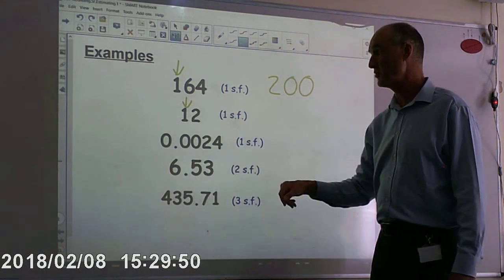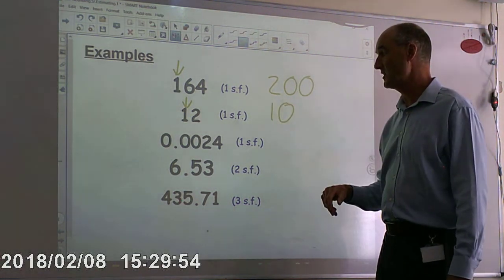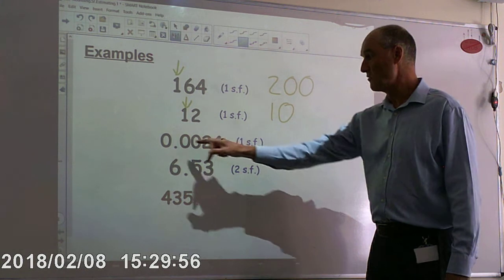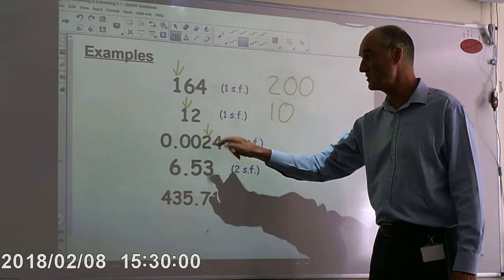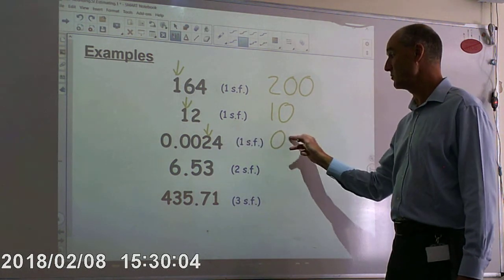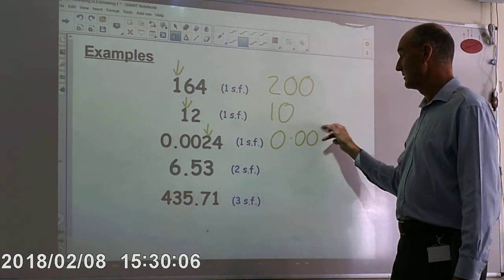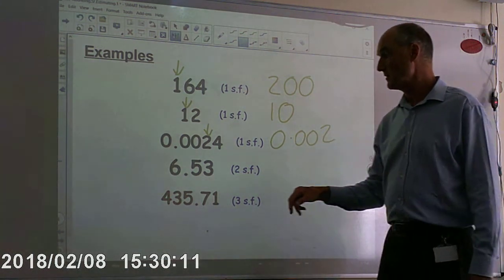Is it affected by the 2 after it? No. So to one significant figure, it rounds to 10. Now, here we go. First significant figure, first non-zero digit. It's that 2. Is it affected by the 4 afterwards? No. So to one significant figure, 0.002.